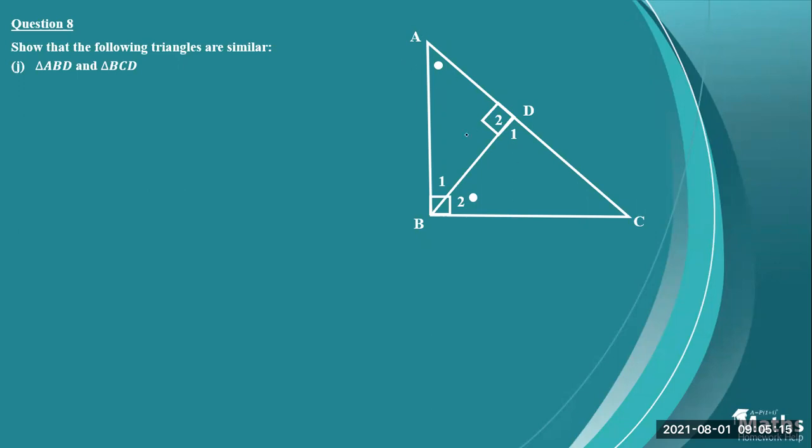So if I see two triangles like this, I always suggest that you split them up, so it's way easier.